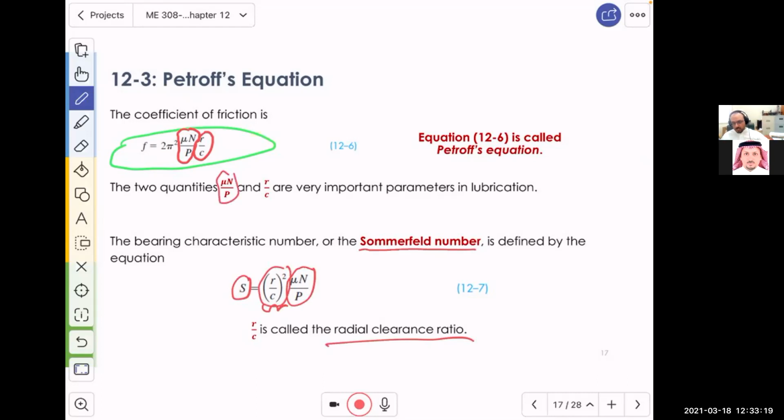That's where the importance comes from. So the whole derivation here is to come up to the Petrov equation and tell you that it has 2 pi squared, which is just a constant. And then we have these ratios, which are very important for design and analysis of journal bearings.